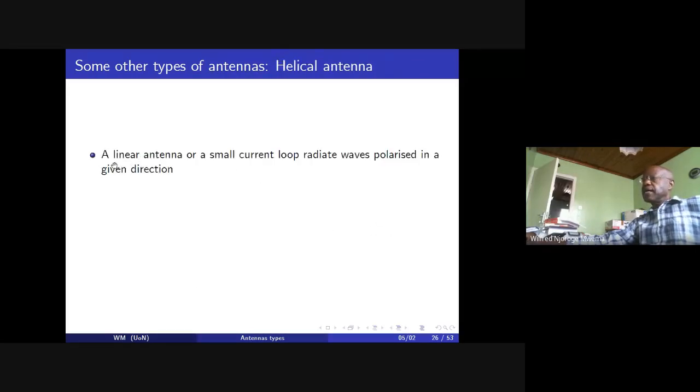So then another one is what we call the helical antenna. This was designed or invented by Krauss when he was working at Ohio, and it's very famous because it was the antenna that actually received the first inkling of extraterrestrial occurrences.